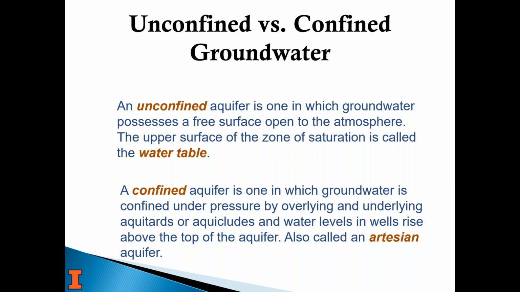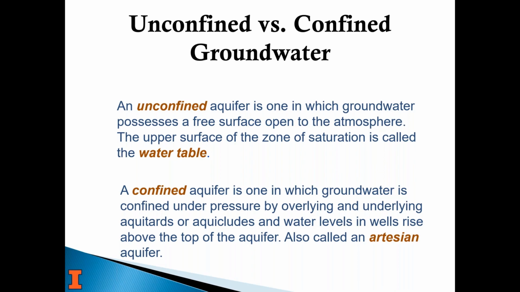If you pour some water in it and it's only half full, that's what an unconfined aquifer would look like. The water level's down in the sand somewhere, in the aquifer somewhere. It's not full. And a confined one has a cap on it, so the water isn't going up above the top of the aquifer.